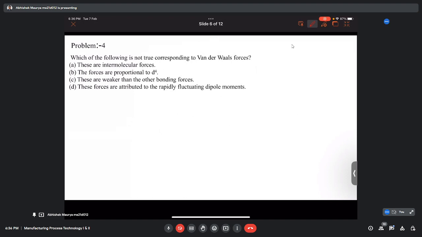Please read the problem and try to find the correct answer, and you can give your answer in the polling section. Meanwhile, I will create the poll.